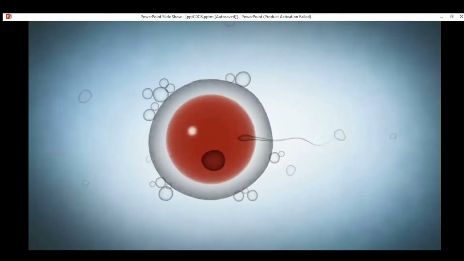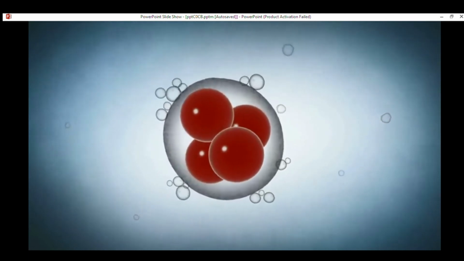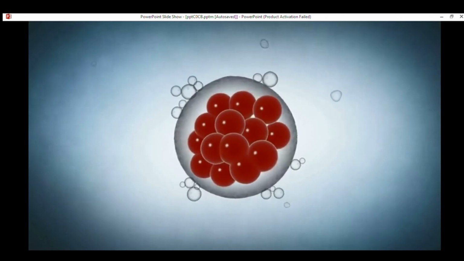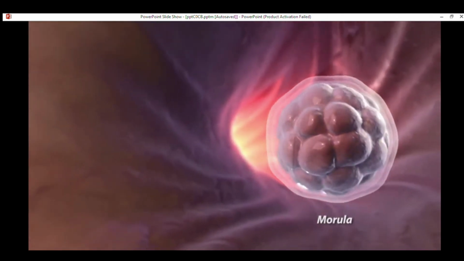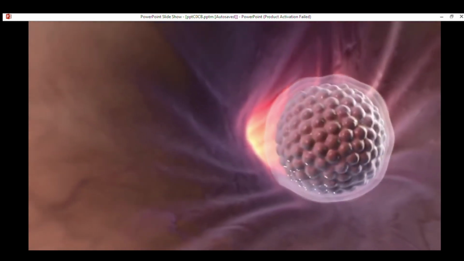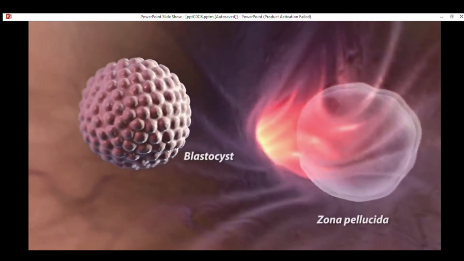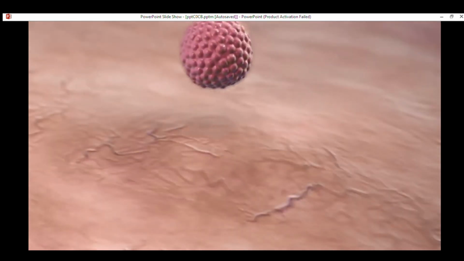Then cleavage is a series of mitotic divisions of the zygote. The zygote cytoplasm is successively partitioned, cleaved to form a blastula consisting of increasingly smaller blastomeres, the cells of the blastula. It goes through successive divisions, forming 2 cells, 4 cells, 8 cells, and so on.